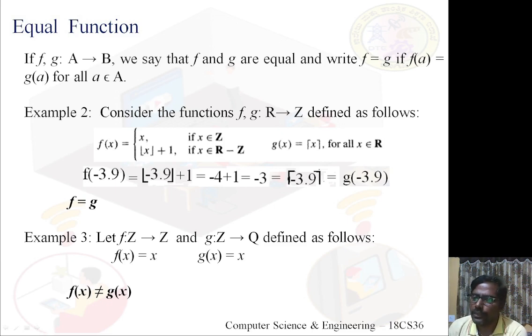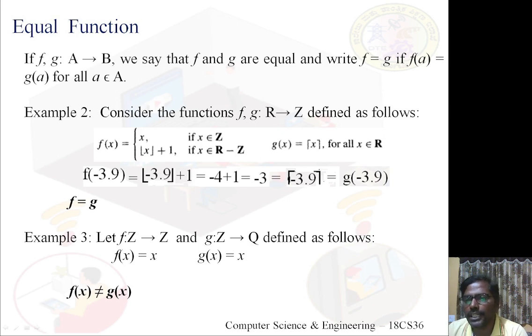So what is the floor function of minus 3.9? It's the greatest integer among the integers less than or equal to minus 3.9. If I list all the integers less than or equal to minus 3.9, they will be minus 4, minus 5, minus 6, minus 7, and so on.